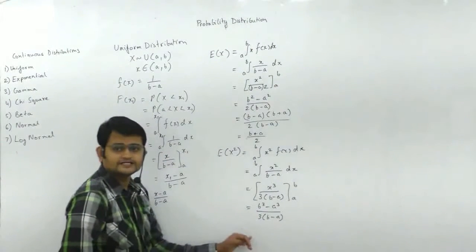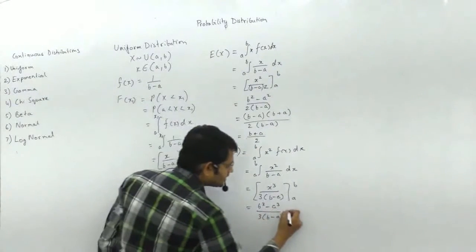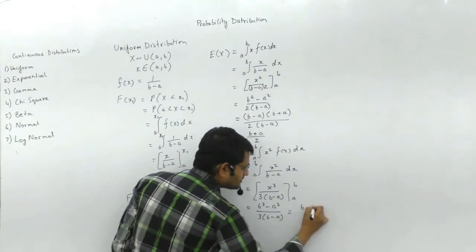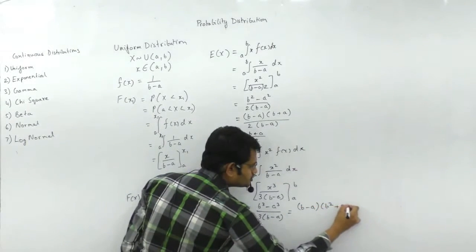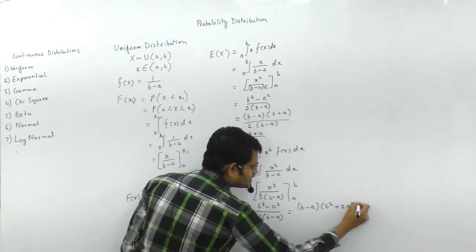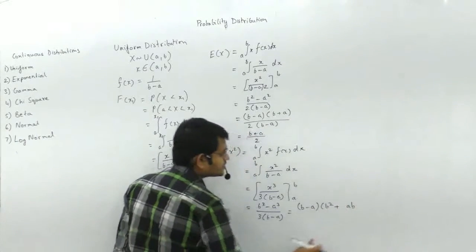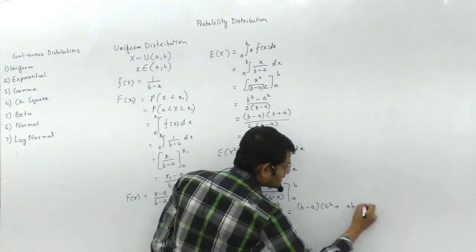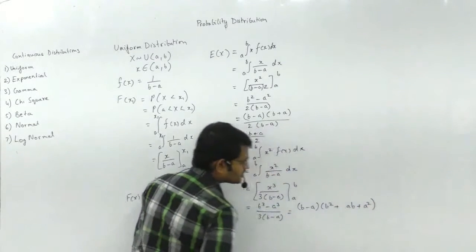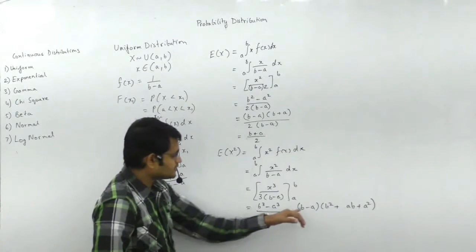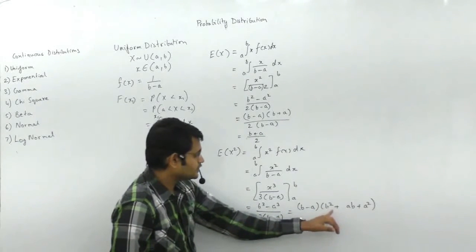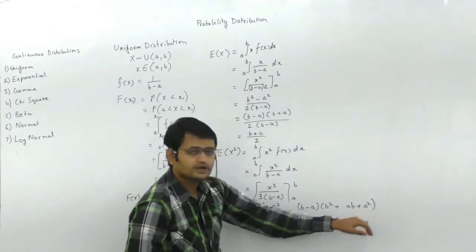Now b cube minus a cube can also be written as (b minus a) into (b square plus ab plus a square), not 2ab. So b cube minus a cube can be written as (b minus a) into (b square plus ab plus a square).